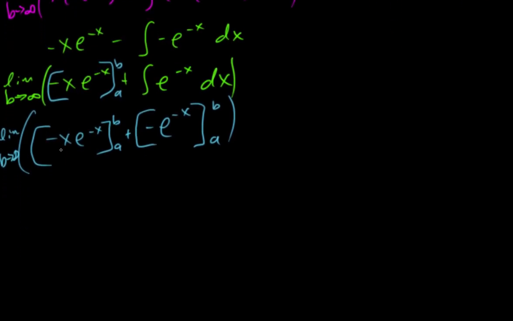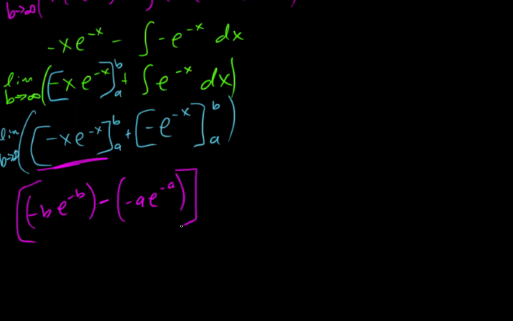Okay. So if we plug in b right here, we're going to get negative b e to the negative b. And then we'll subtract negative a e to the negative a, and then we'll do this one.